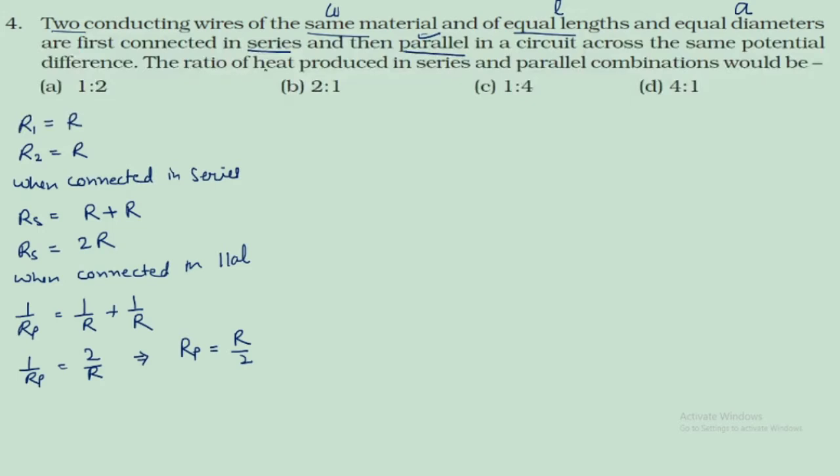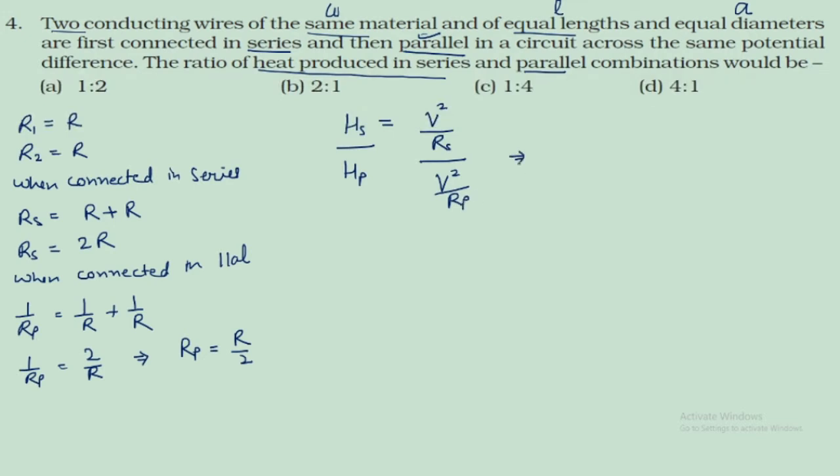Now the ratio of heat produced in series. First of all, heat produced, HS, heat produced in series. We use the formula V square upon RS. In parallel also, so upon HP, V square upon Rp.